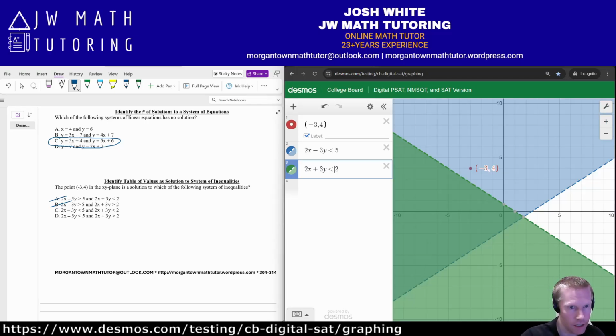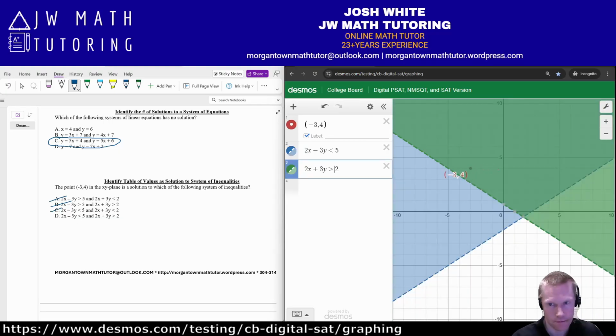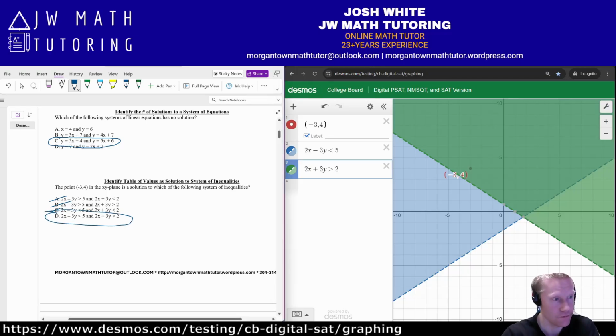So it looks like it's going to be answer choice D, but let's just confirm. The first inequality is the same. The second one now flips back. Okay, so is this in the solution set for this one? Just make sure it matches up. The answer is yes. So the correct answer for this is going to be letter D.